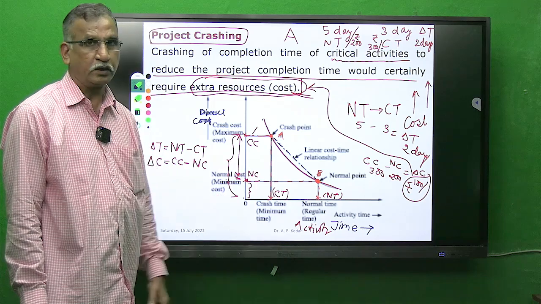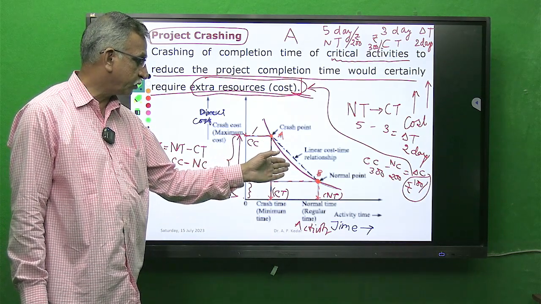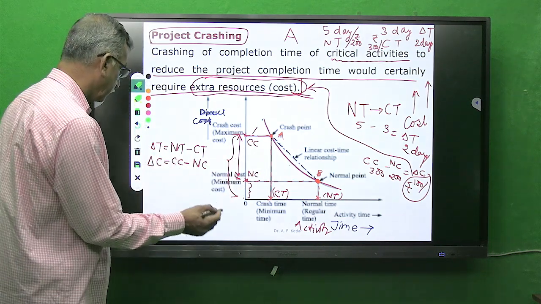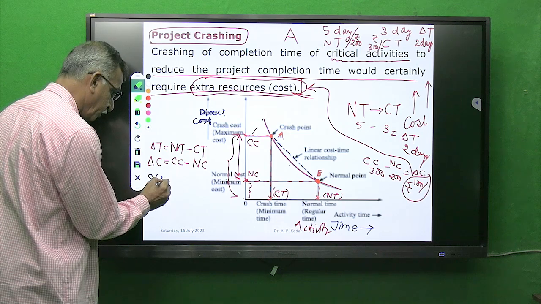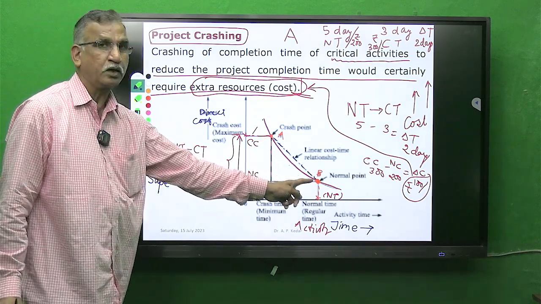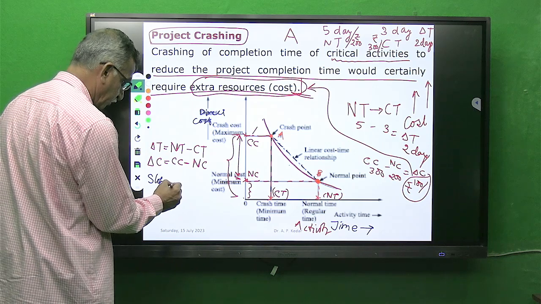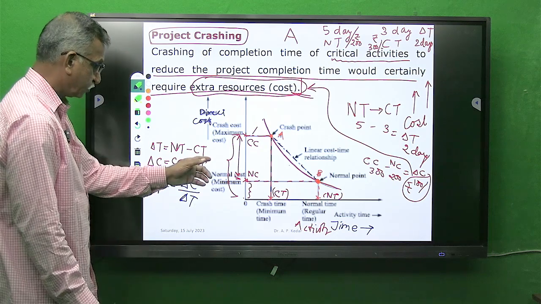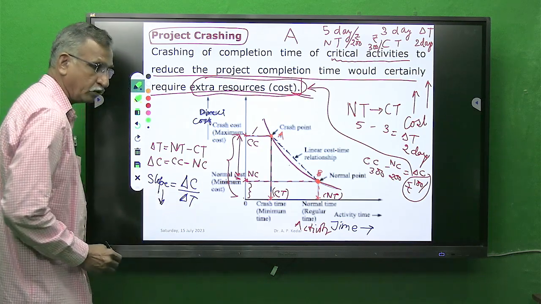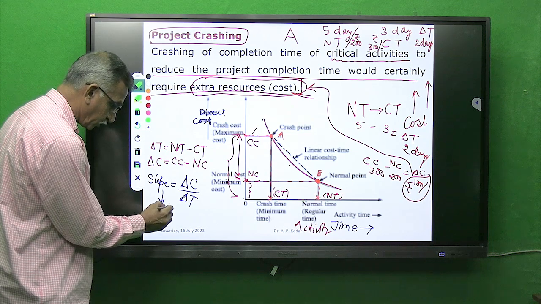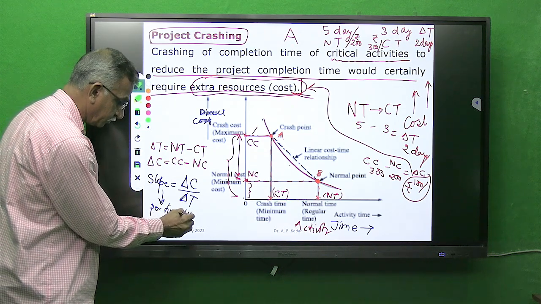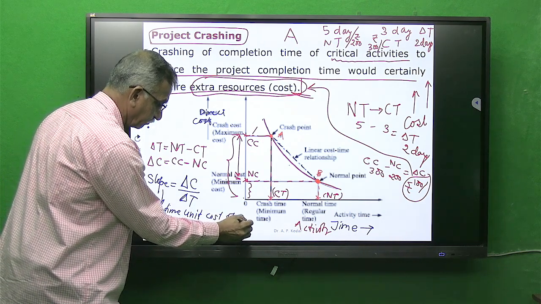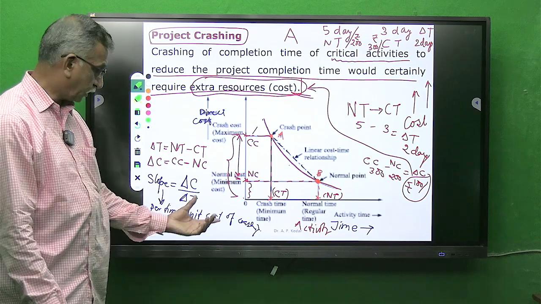Once we shift from this curve to the linear approximation of points A and B, we can find the slope of this particular line AB, which is nothing but delta C by delta T. This slope indicates the per time unit cost of crashing.